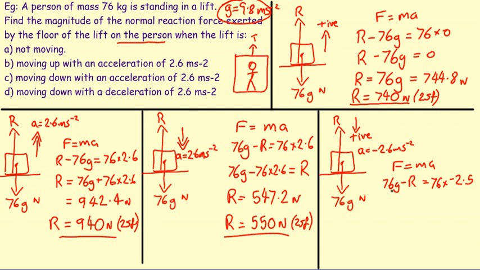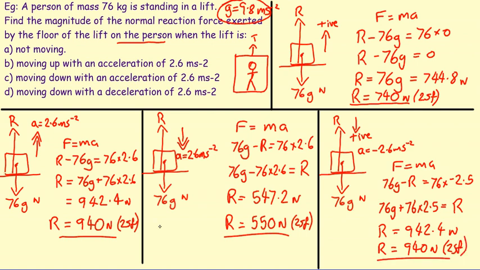And so here we're going to rearrange to get R as 76g plus 76 times 2.6. So this time the negative, I've added it to both sides, as I move it to the other side of the equal sign, that's going to give me R. Type that into your calculator, and you're going to get 942.4 newtons. R equals 940 newtons to two significant figures.